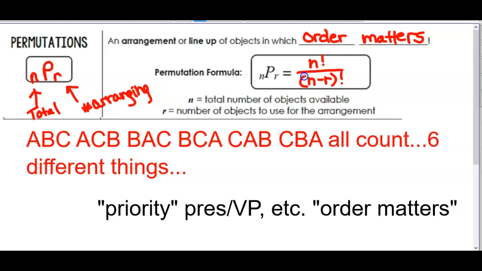Okay? Does it count differently if I put ABC, ACB, this is if I was choosing three things to arrange. ABC, ACB, BAC, BCA, CAB, CBA. Those all count differently for arranging three things in order, okay?